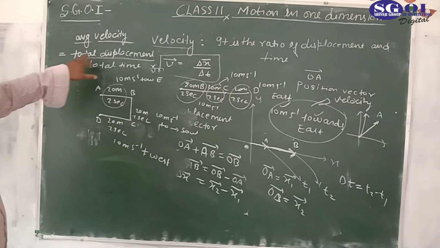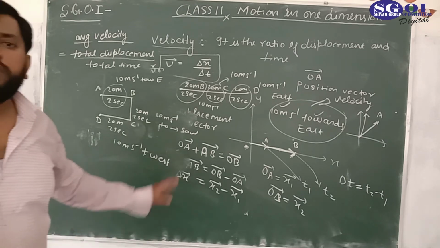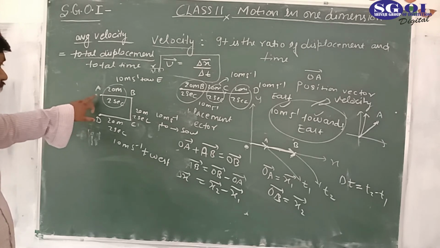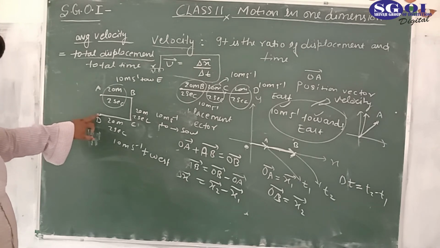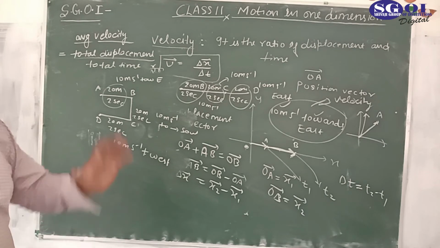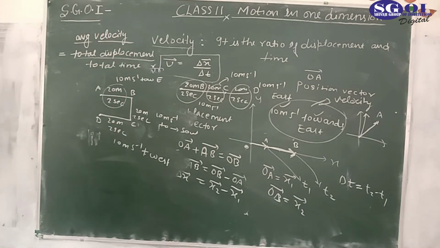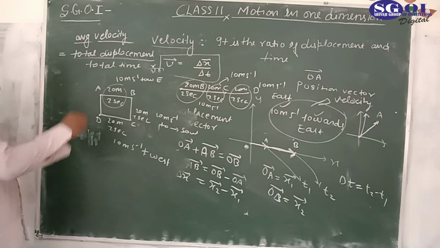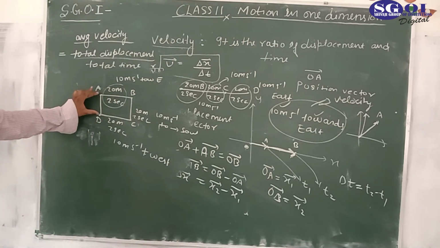Now we have defined total displacement upon total time. So what is the total displacement of this particular numerical problem? This is the initial position, this is the final position. And as I told you in the previous displacement lecture, we just join the initial position to the final position, and we have to find the length of this.